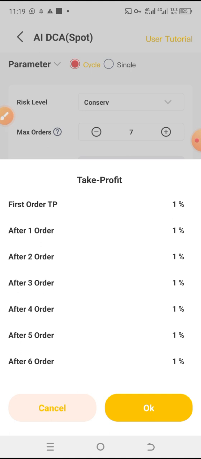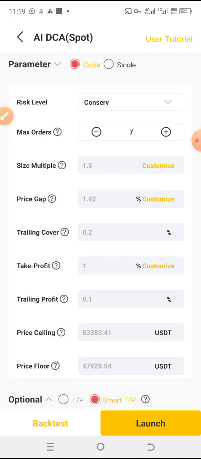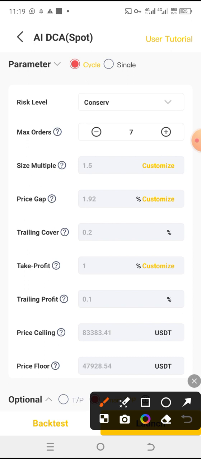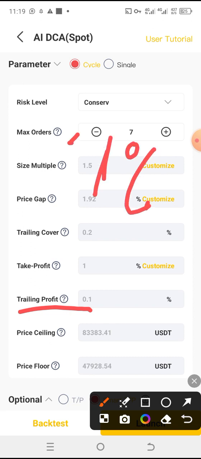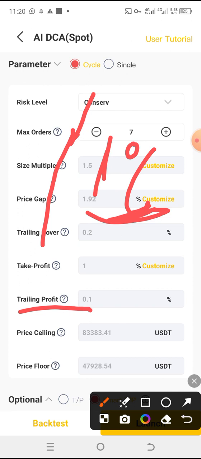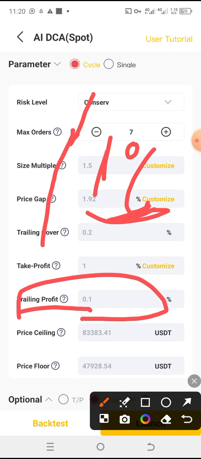Now, so that's that on take profit. That will now take me back to the trailing profit. Now, what this is about is simple. When you get 1%, the system will not take profit for you. It will allow the coin to keep going up. So it might get to 2%, it might get to 3%, it might get to 5%. But after getting to this 1%, the system will now be watching, such that when it goes down 0.1%, it will give you your profit.